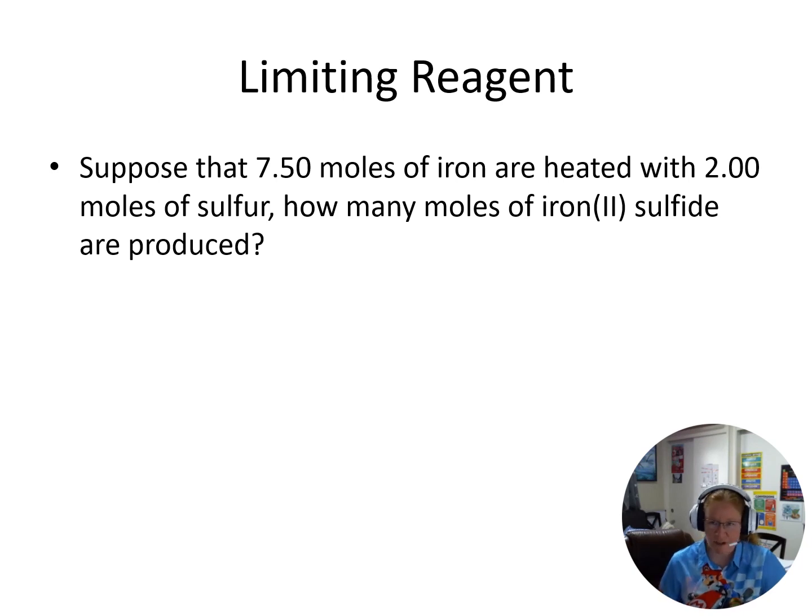All right, so first, what do we have to do usually? Write a balanced equation. Okay, so I've got some iron. I'm going to heat with sulfur. I want to know how much iron(II) sulfide is produced. Now, what do we know about sulfur? Well, sulfur doesn't exist monoatomically. It exists polyatomically.